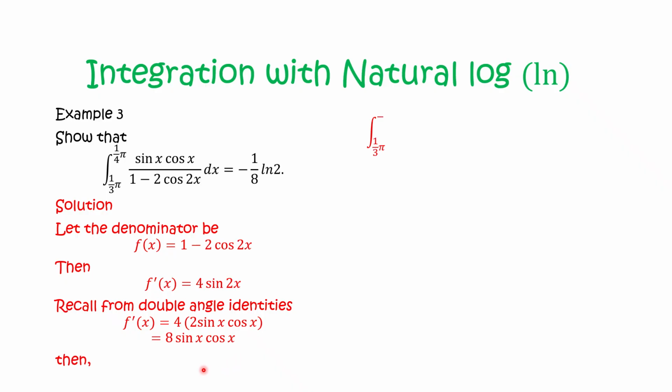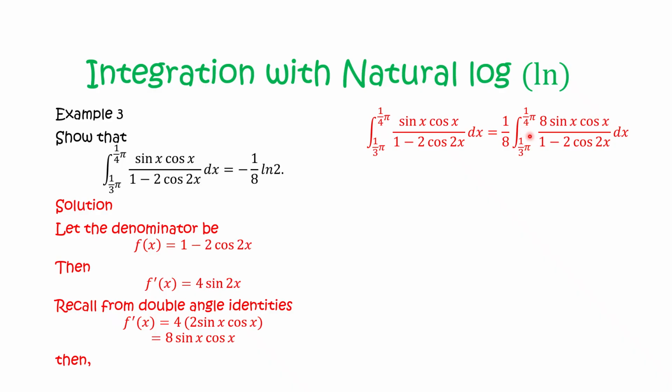Then it means that our integral is going to be equal to 1 over 8 times the integral from 1 over 3 pi to 1 over 4 pi of 8 sine x cosine x. So what we have done over here is introduce an 8 and divide with an 8.